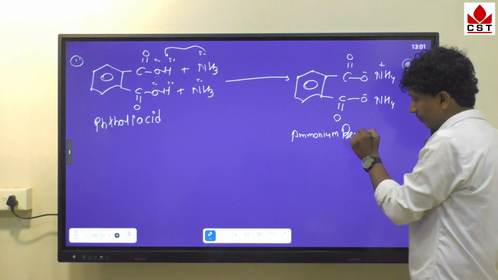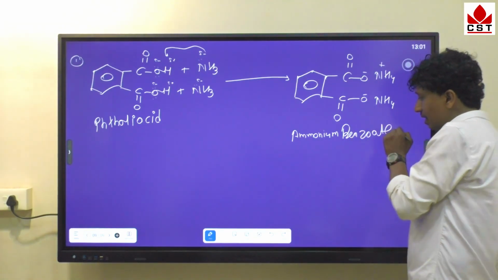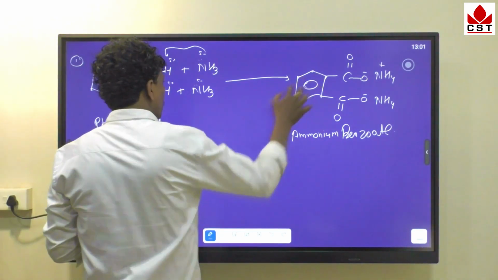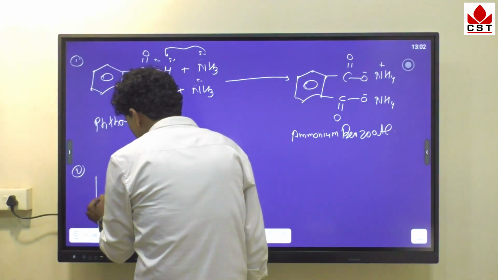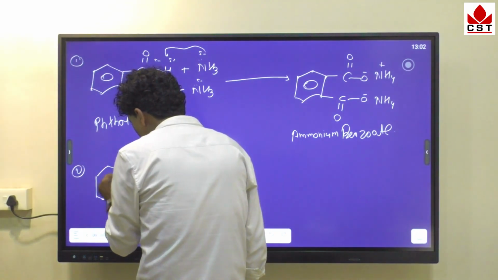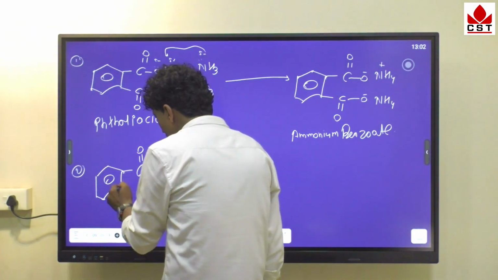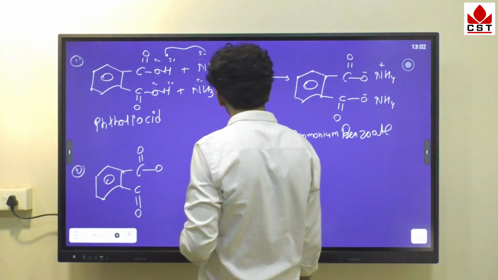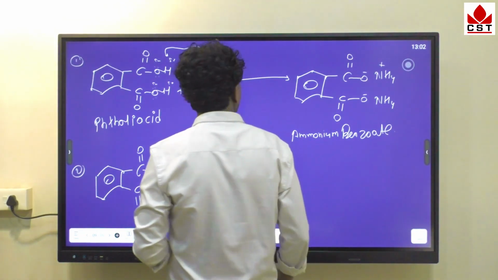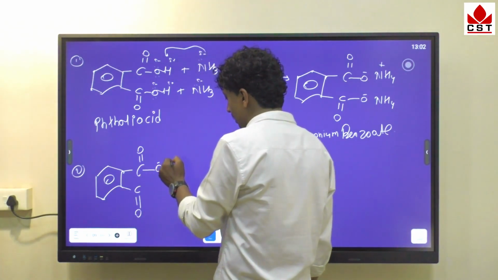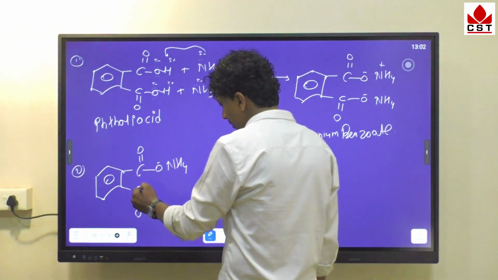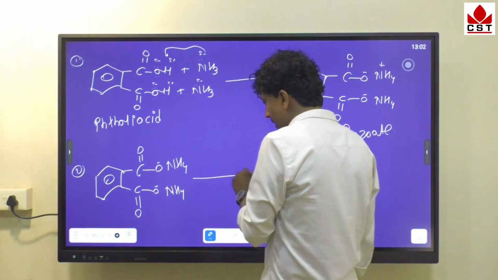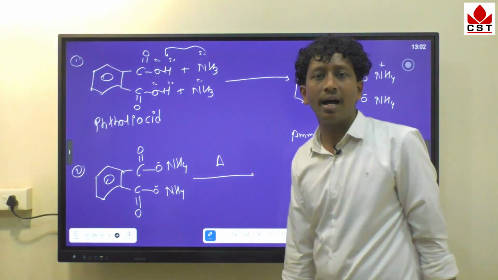The salt is ammonium phthalate, and on heating it, two amide linkages form, and this compound with two amide linkages is called phthalamide.